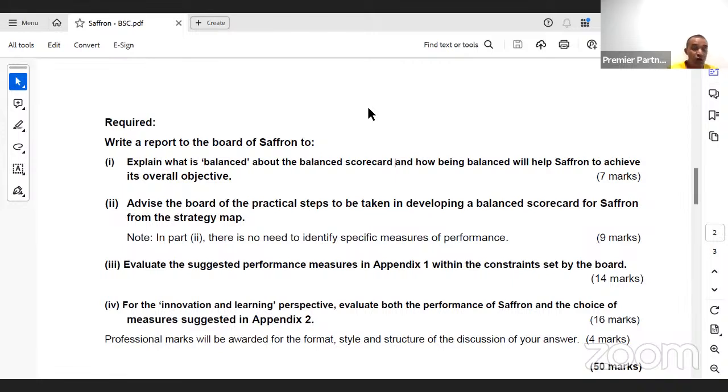Next line. BSc also gives the option to bring in any other perspectives which may be important in achieving the overall objective.